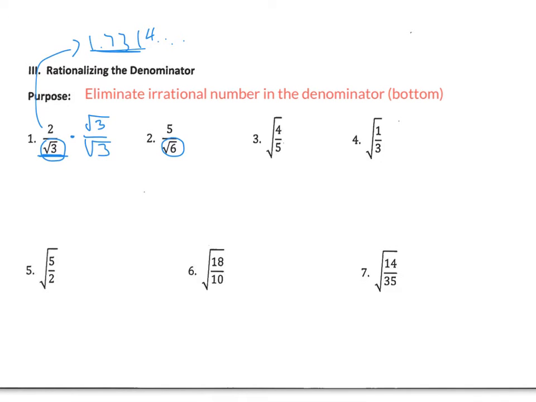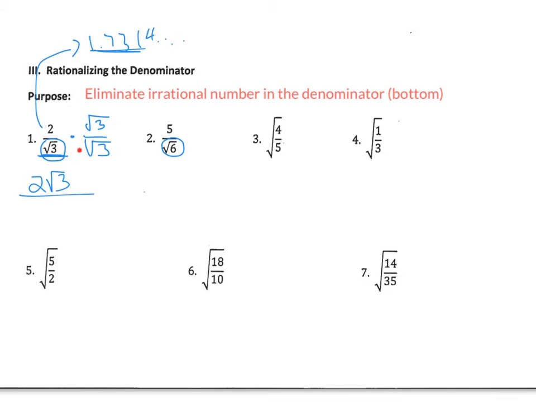Now when we multiply 2 and 3, I can't combine them and get 6 or square root of 6, because 2 is not in the square root and 3 is. So we just combine it as 2 root 3. Now the bottom, this is the part where we're going to get rid of the square root.